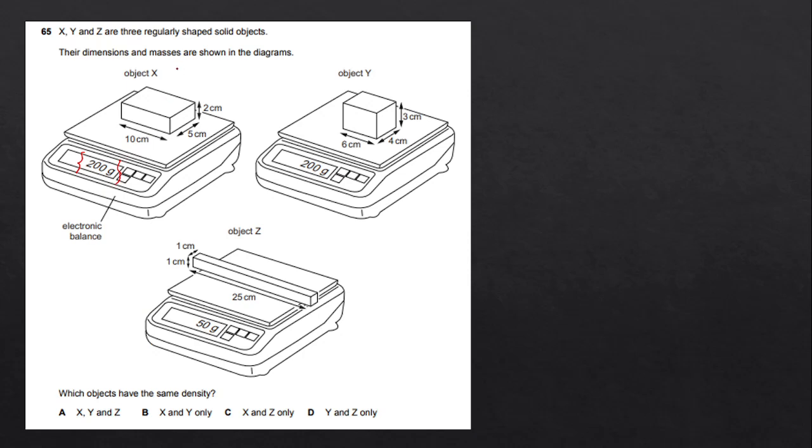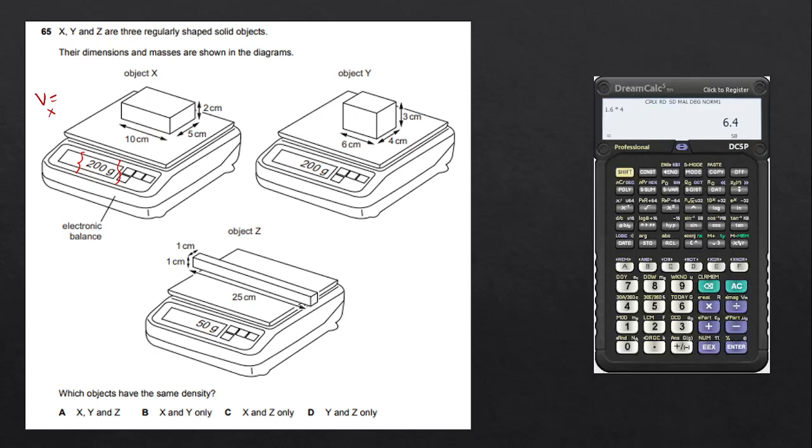So here, volume is length times breadth times height. So volume of object X will be 10 times 5 times 2. Here 10 times 5 times 2, that's 100.